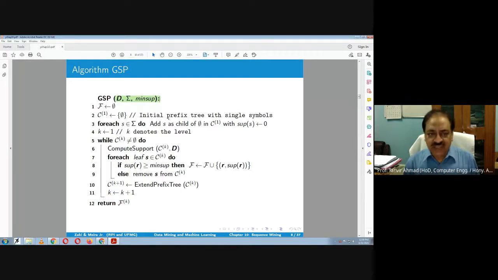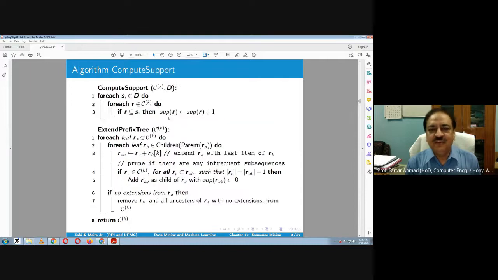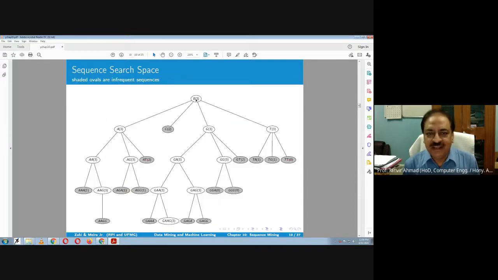Now for each S which is an element of sigma, we add S as a child of the null node in C1 with its support. Here, if you check, I have maintained this as phi, which is null.